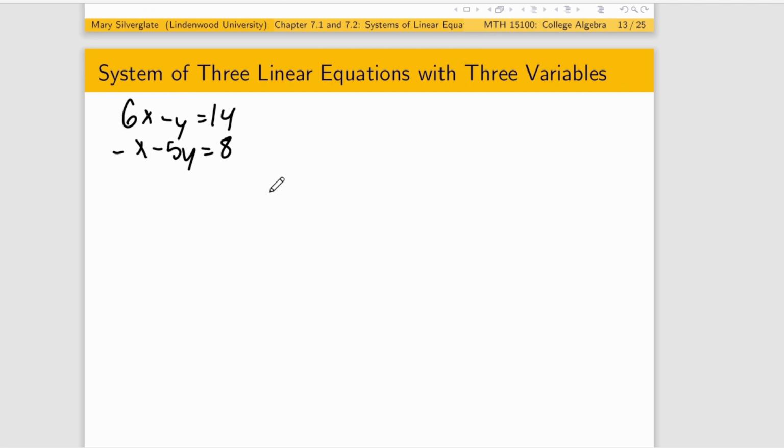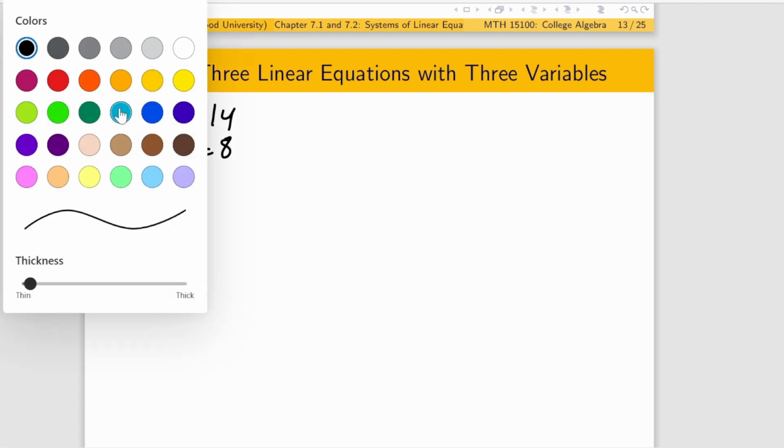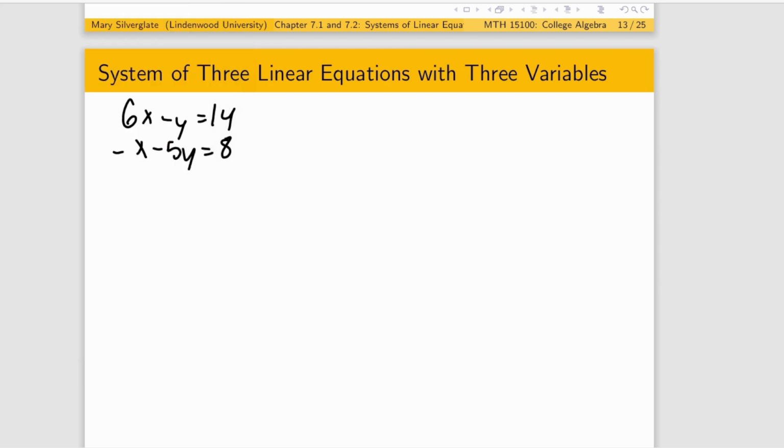And now here we want to solve for either x or y. We could again use elimination. So in particular, I noticed that it probably is about the same amount of work to either eliminate x or y. I'm just going to pick eliminating x by multiplying the bottom equation by 6. So I'm going to rewrite our first equation.